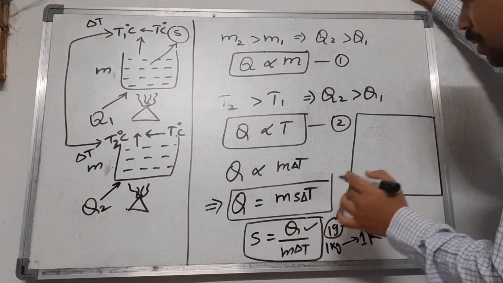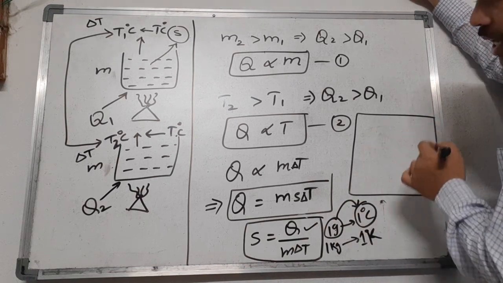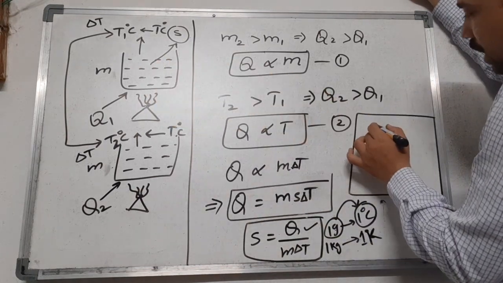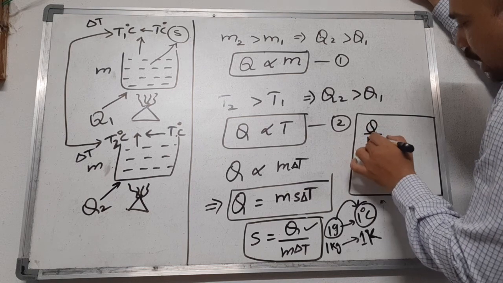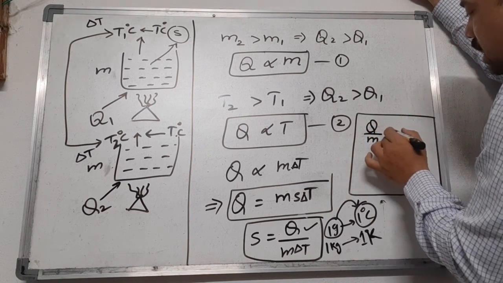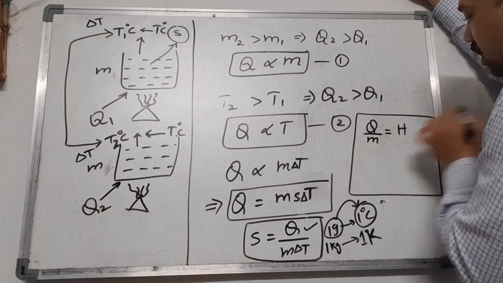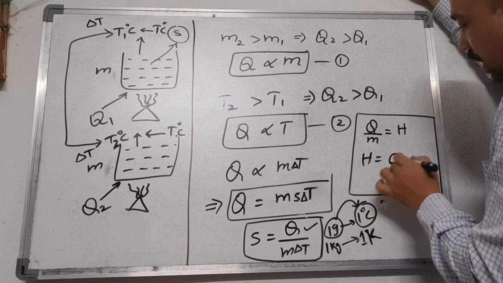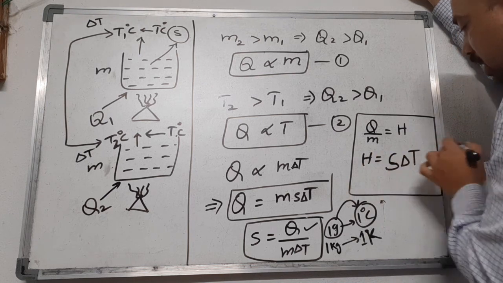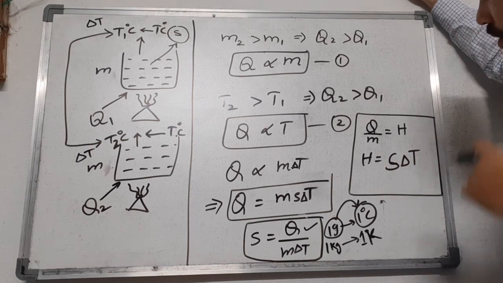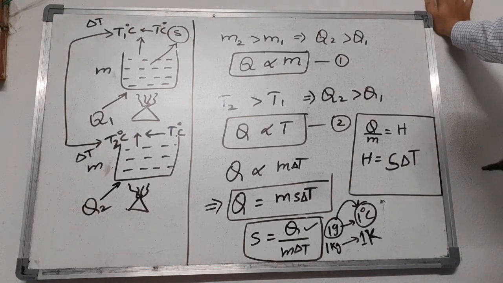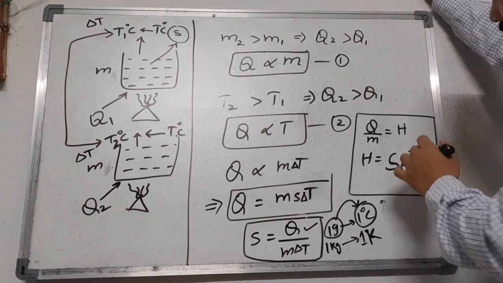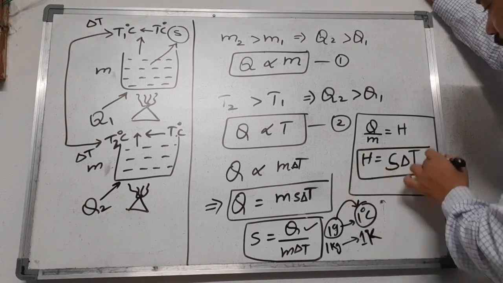Next, heat capacity means Q by m is called heat capacity. So the heat capacity formula is specific heat into change in the temperature. Specific heat into change in the temperature. Okay. So this is called the heat capacity.